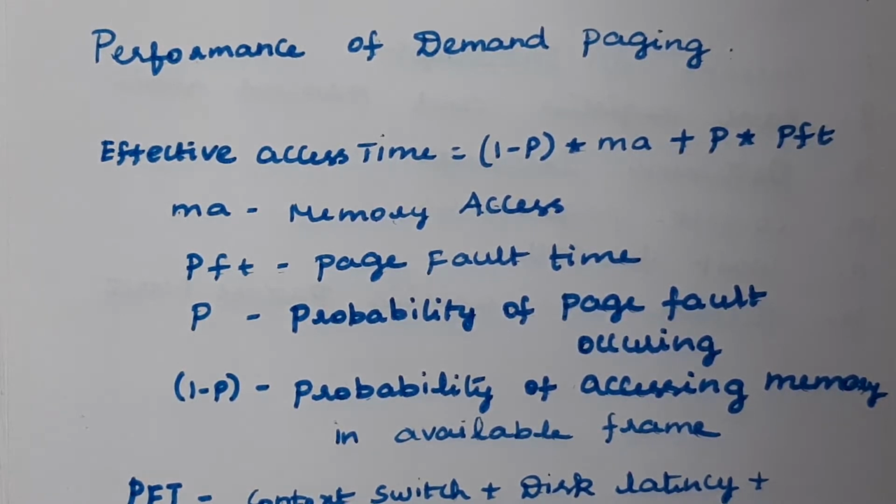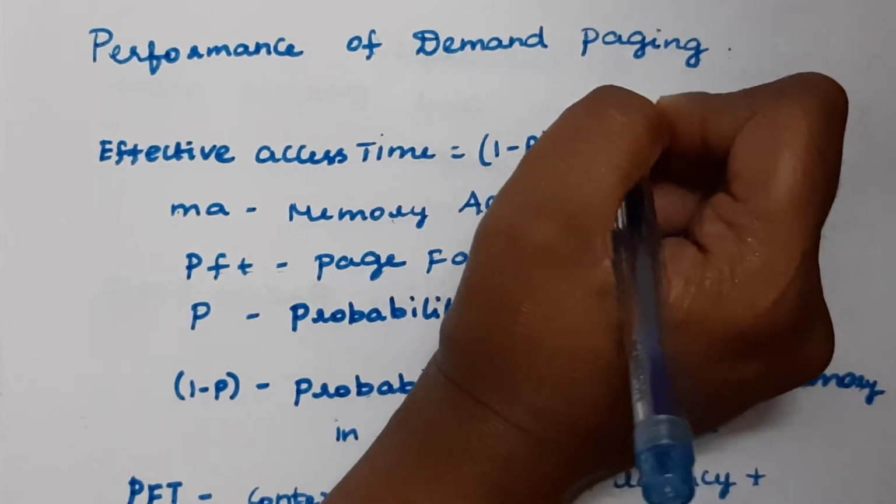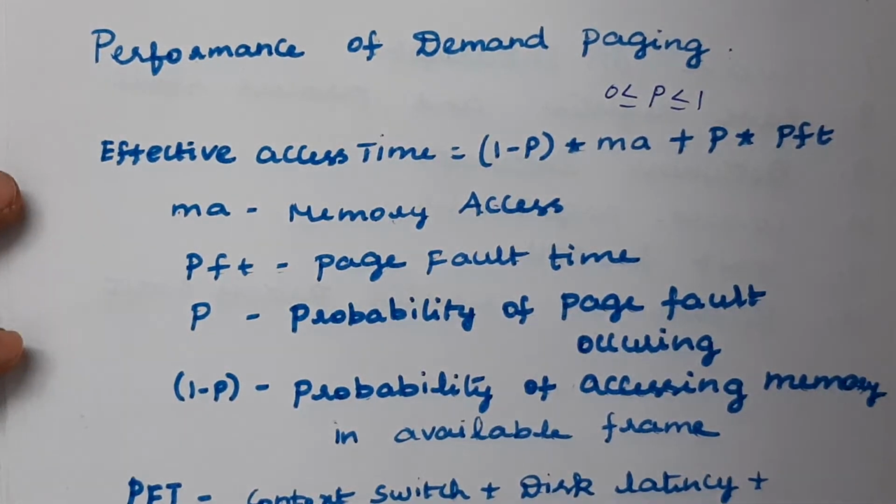Here, the probability of getting a page fault is represented as p, and the p value ranges from 0 to 1, that is, 0 ≤ p ≤ 1. Usually this p value should be very close to 0, and then only can we say we are getting few page faults.